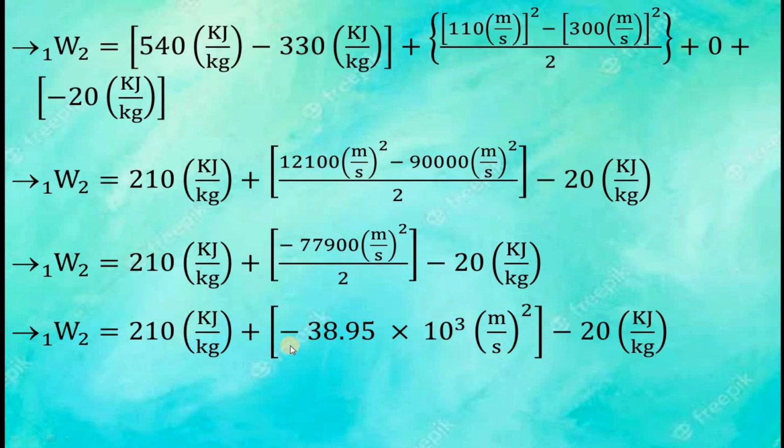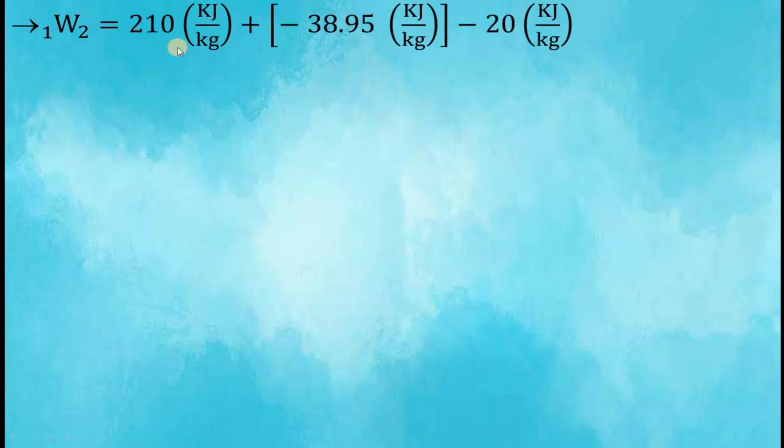Therefore, I am going to rewrite this minus 38.95 into 10 power 3 meter per second whole square as minus 38.95 kilojoule per kg. So the next step will be 1W2 is equal to 210 kilojoule per kg plus of minus 38.95 kilojoule per kg minus 20 kilojoule per kg. So here plus of minus 38.95 kilojoule per kg is minus 38.95 kilojoule per kg.